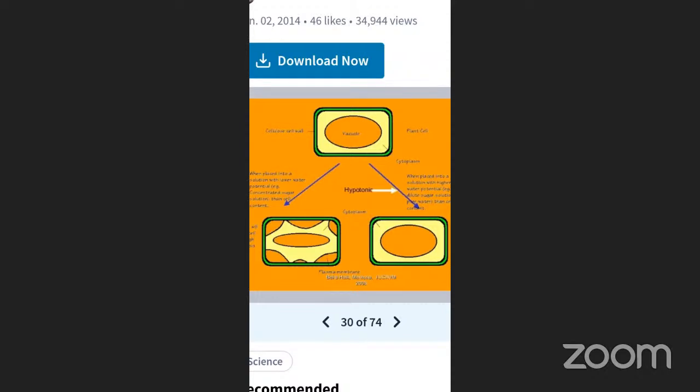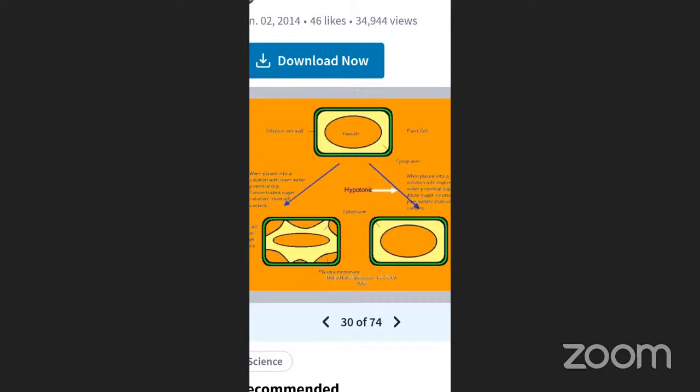The external solution balances the osmotic pressure of the cytoplasm, hence it is said to be the isotonic condition, and both are in equilibrium. So the water movement is always zero in isotonic solutions, whereas the process of plasmolysis is usually irreversible.